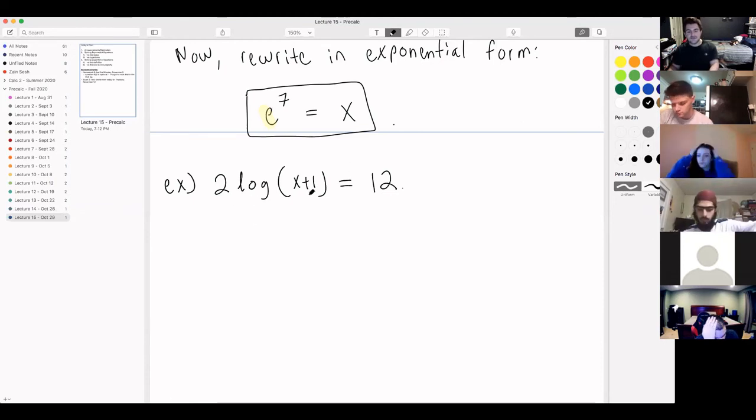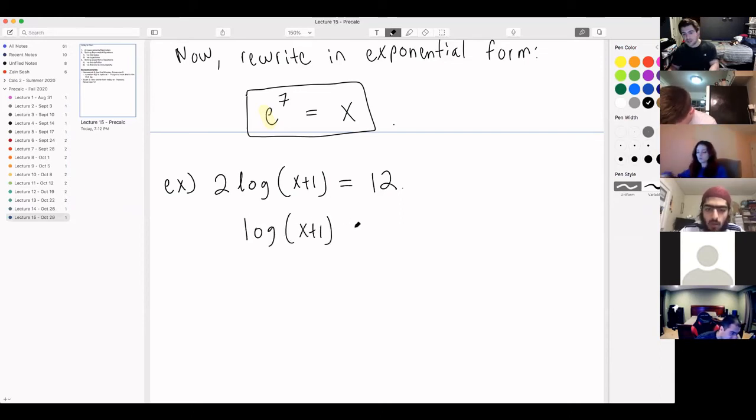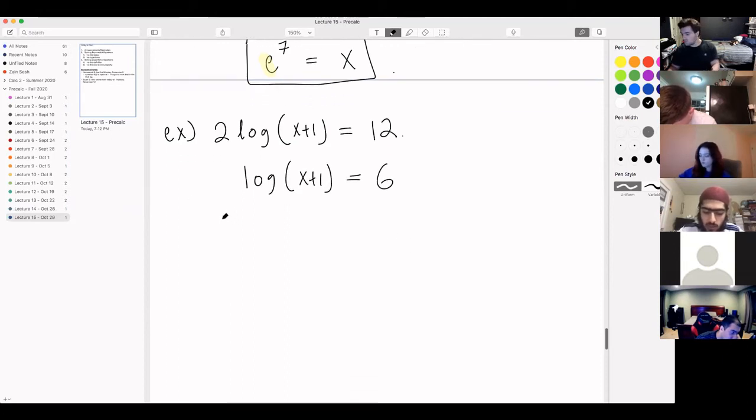We need to divide both sides by 2 to isolate the logarithm. So this will be log of x plus 1 is equal to 6. Next, recall that log of x, when there's no subscript, is shorthand for log base 10.